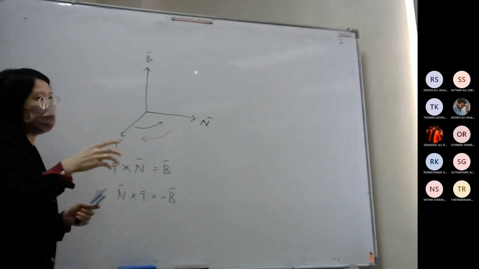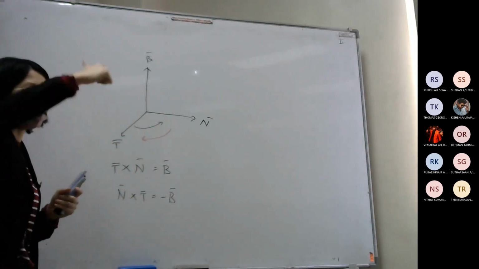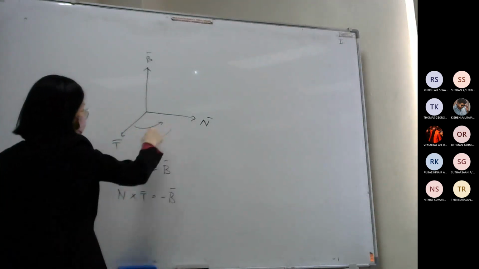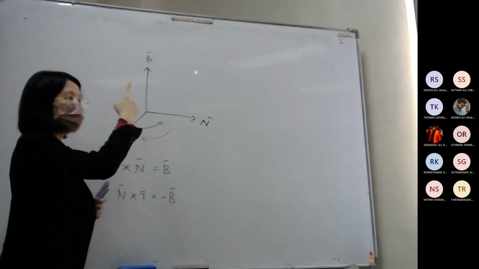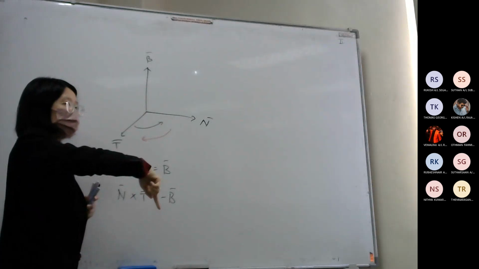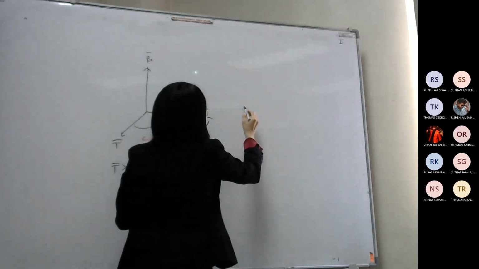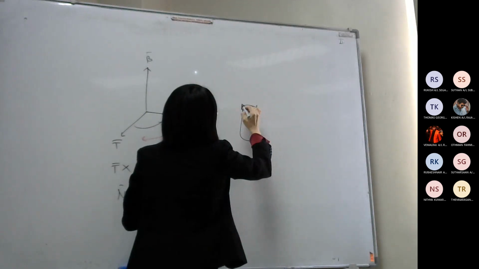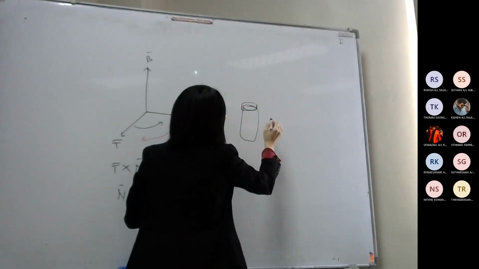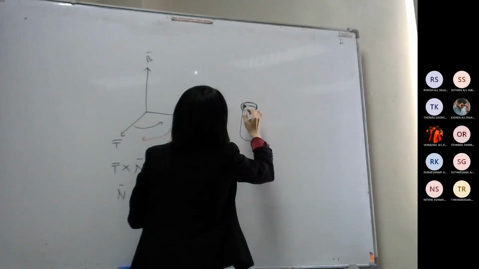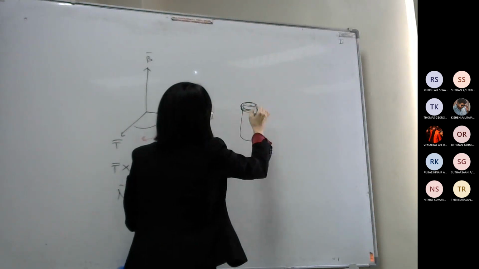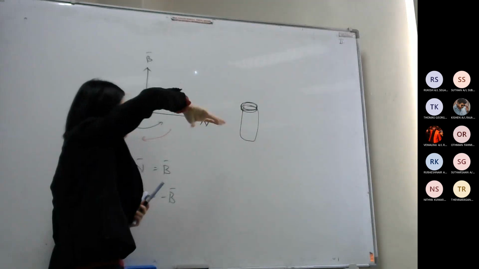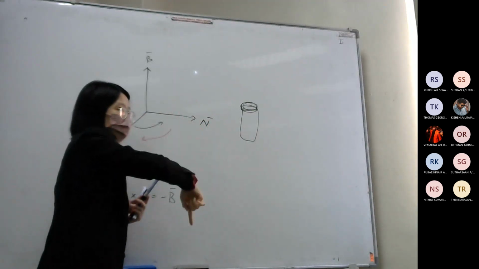If I don't use the right-hand thumb rule to check, I can just use this way. T to N, that means it goes up, and the other way it goes down. Let's say a container, the cap. When you turn in this direction, your pencil goes down.